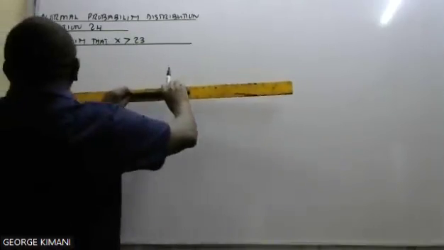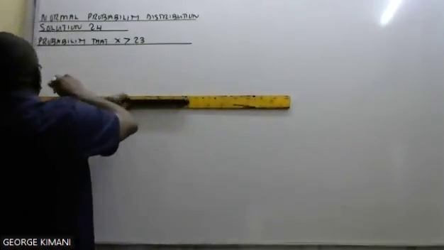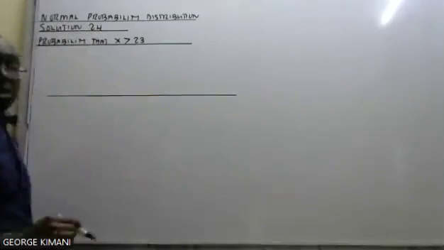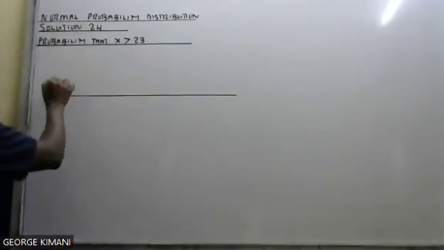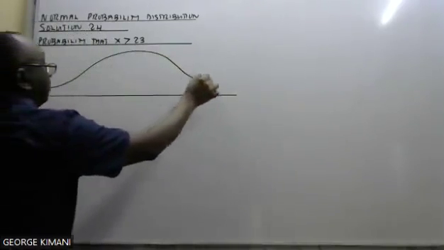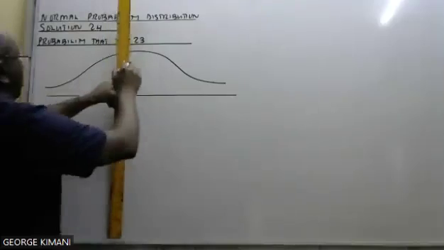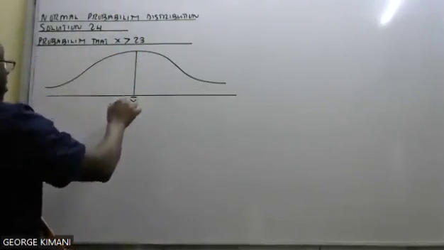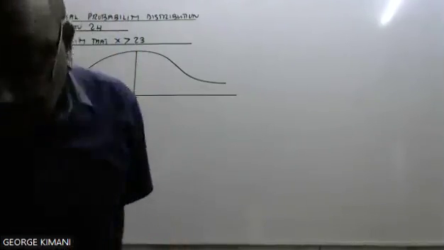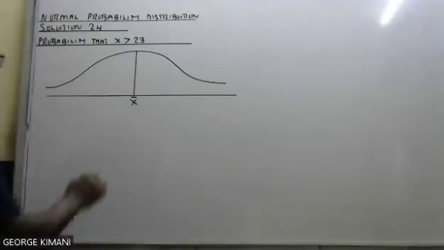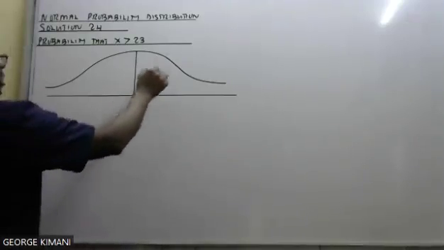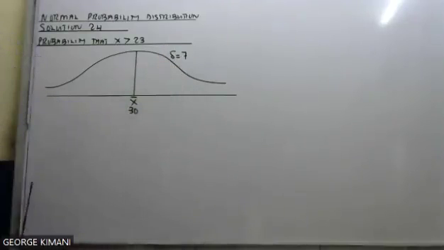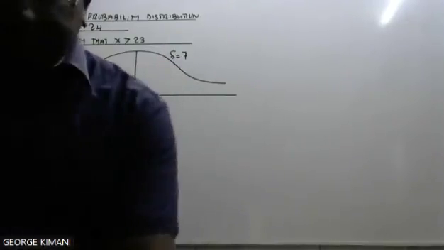Now what we do when you are dealing with normal probability distribution is first of all to draw a small curve like what I told you the other day. And then here you write x bar, and the mean of the question is 30, and the standard deviation is 7.